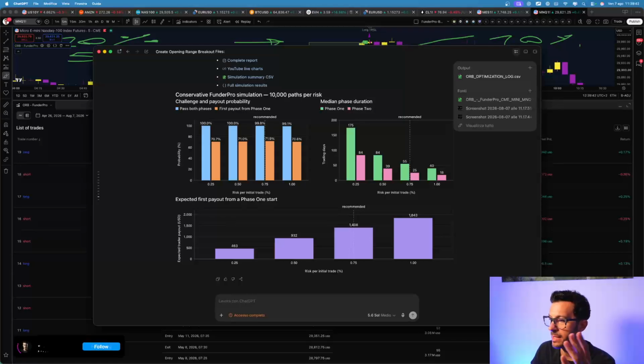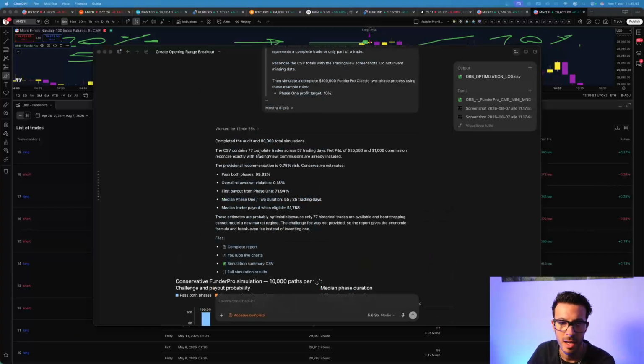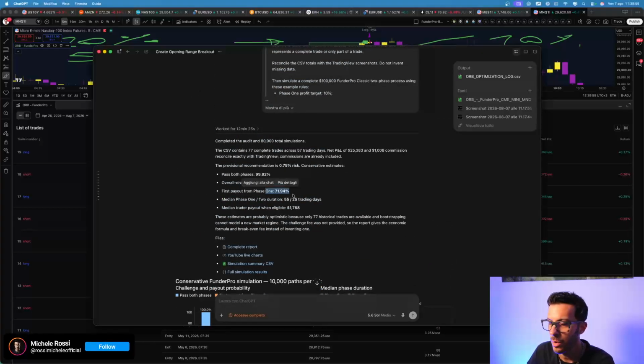Let's give another example. Let's imagine Codex tells us that we have not a 71.94% but a 50% probability of passing both phases. Does that mean the strategy is bad?